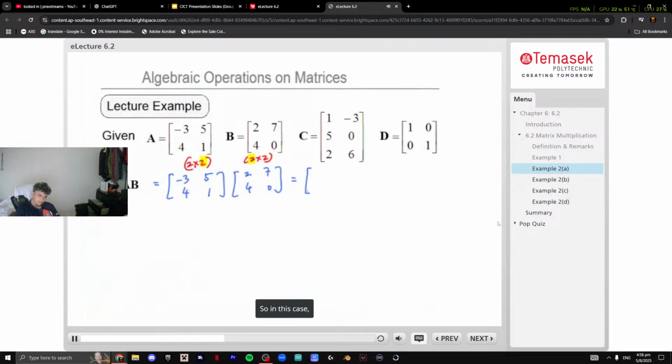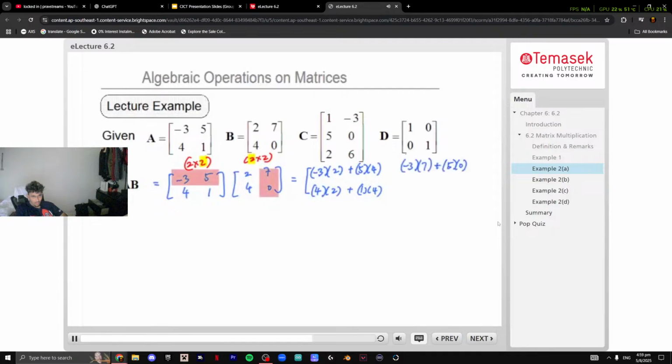So in this case, let's say we take row 1, column 1, then we have minus 3 times 2 plus 5 times 4. Next, we have row 2, column 1, so this is 4 times 2 plus 1 times 4. First row, second column, second row, second column. Simplifying, we have 14, 12, negative 21, and 28.